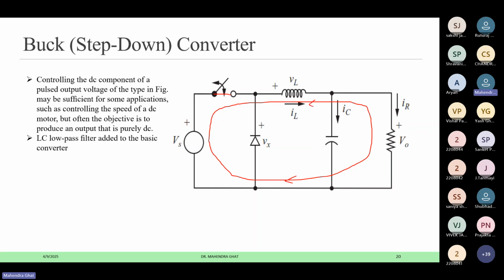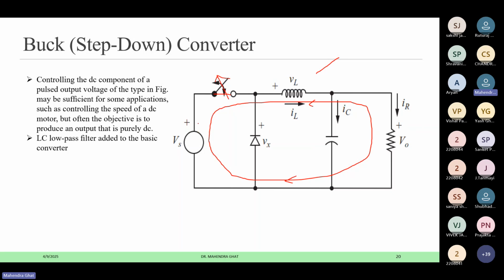At that time the voltage across the diode is opposite, so it is in reverse bias and the diode will not conduct. As current flows through the inductor, the inductor current will increase whenever the switch is on. And once the switch is off, when you open the switch, what will happen?